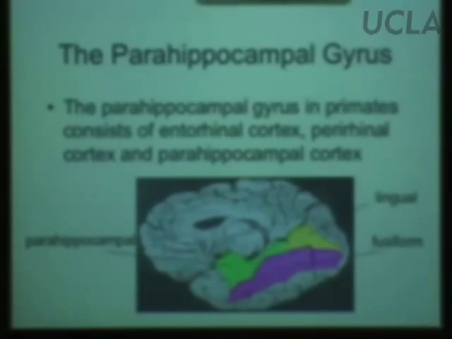Just a little bit more about the anatomy. Here you see a human brain from the center looking out. And here are some of these regions we've been talking about. These are cortical regions. Here's the parahippocampal gyrus, and two other gyri you might have heard of: the lingual gyrus back here by the occipital lobe, and has anyone heard of the fusiform gyrus?